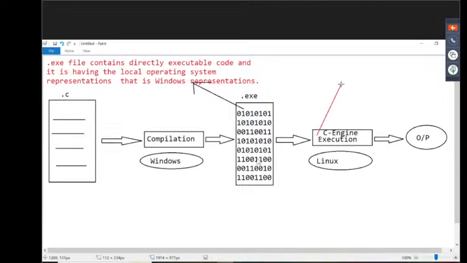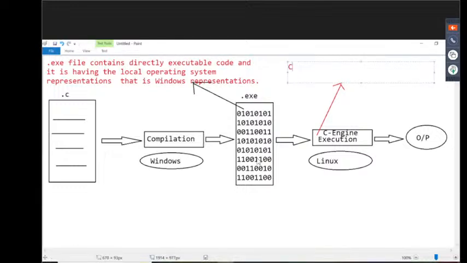Now, in this scenario, what are we able to say? If you observe this point here, the C engine is able to execute Linux representations only.